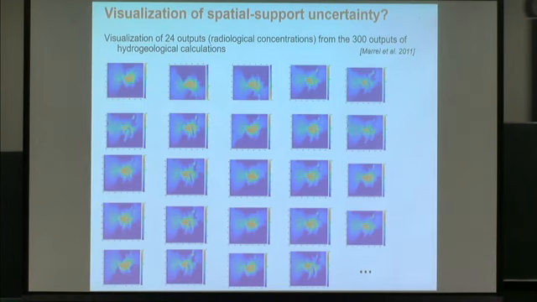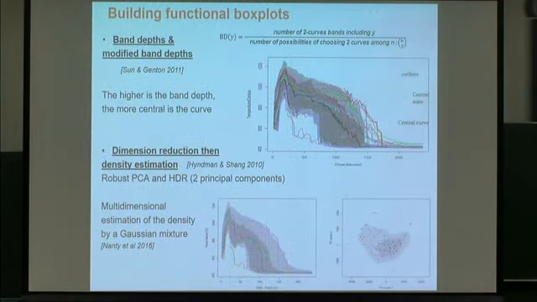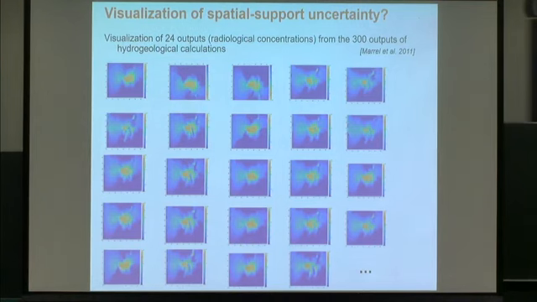Okay. We have tried to extend these techniques to spatial support data. So here we had unidimensional functions, and now I have bidimensional functions. This data comes from this paper.